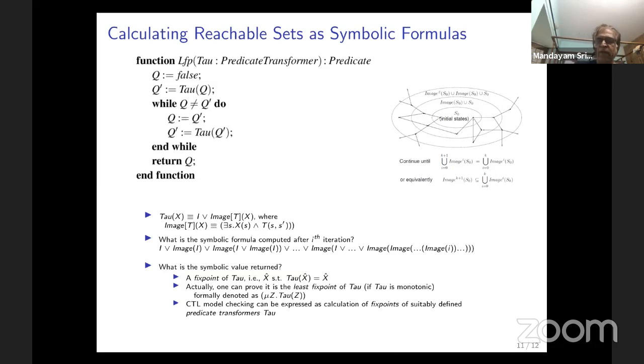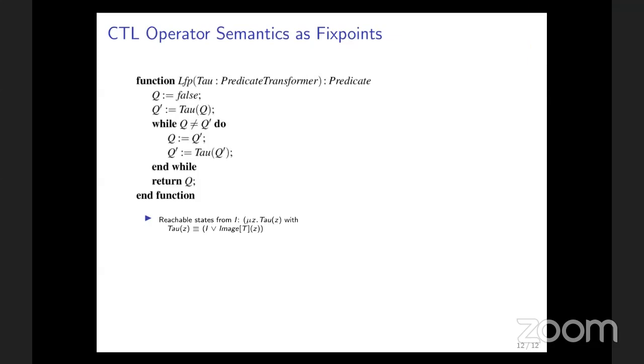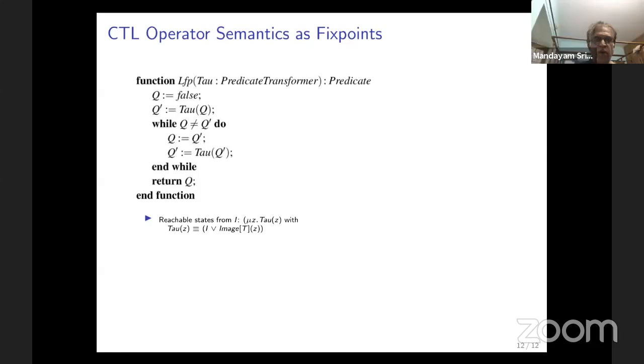The BDD approach, there you directly do the existential quantification. So this we already saw. An instantiation of this generic algorithm for computing fixed points of a given predicate transformer can be instantiated for computing the set of reachable states from any given initial state by instantiating tau to be this.